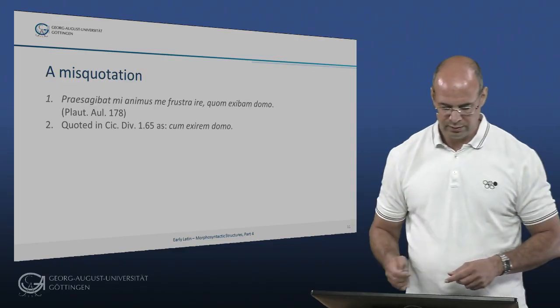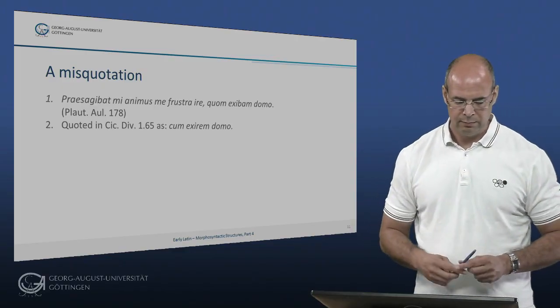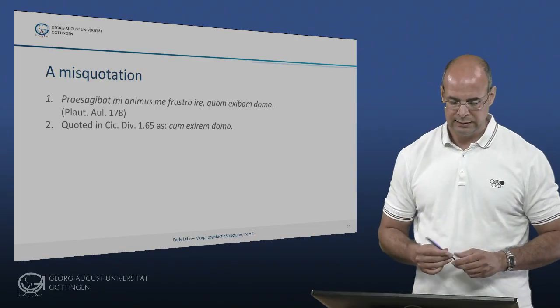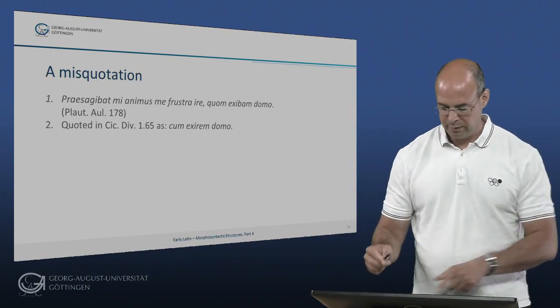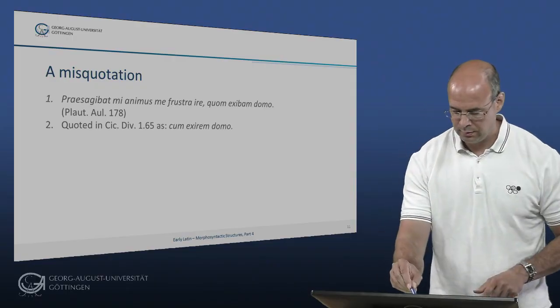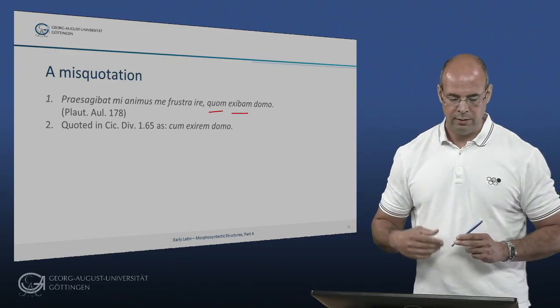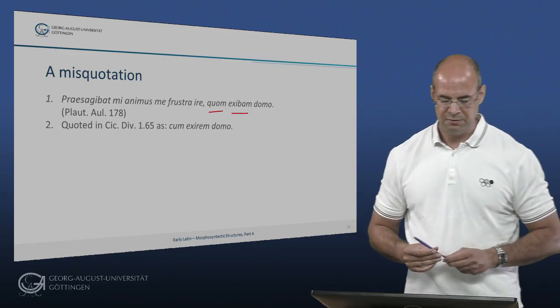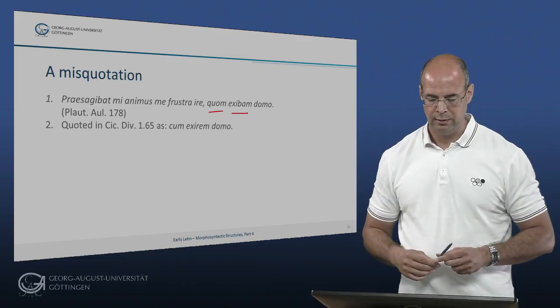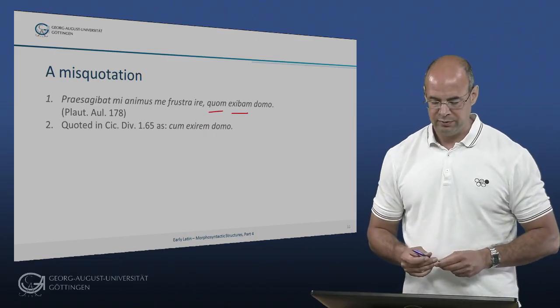In Plautus we have praesagibat mi animus me frustra ire, quom exibam domo. I had a gut feeling that I was going to go in vain when I left the house.